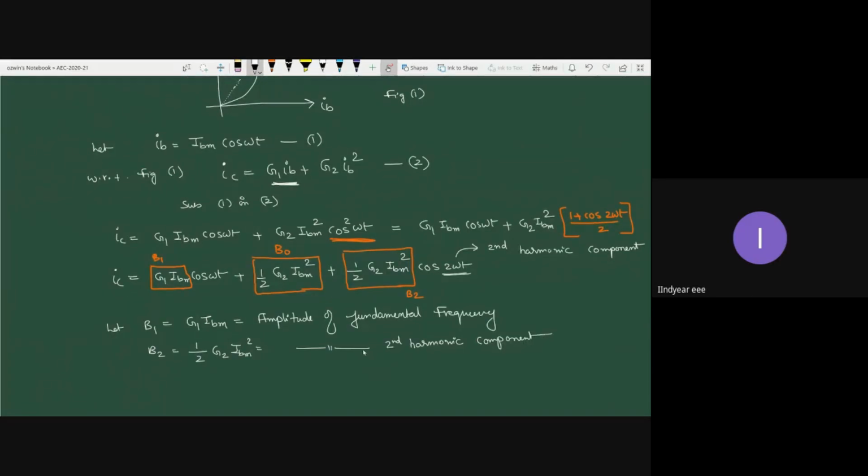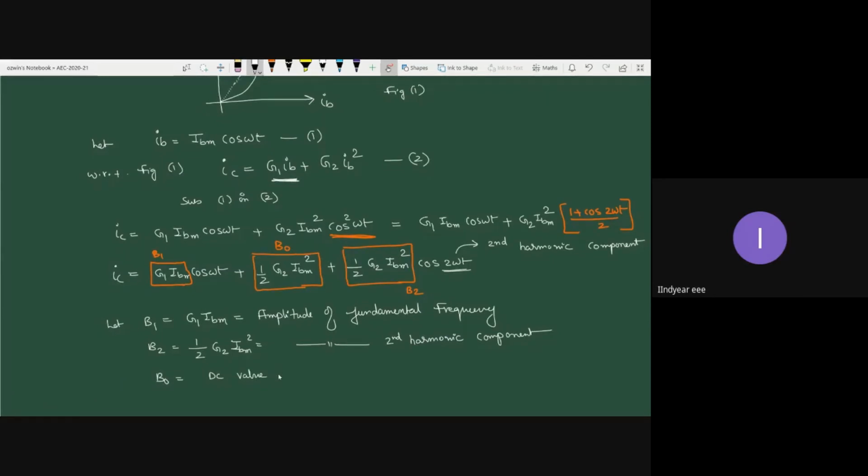And B naught is half G2 into IBM square. There is no cosine term associated with B naught, hence you can call it a DC value. So B naught simply says that it's a DC value.